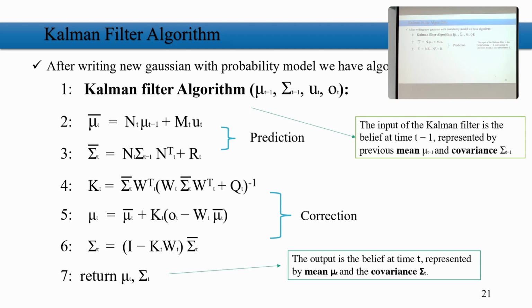This is my whole environment. And what can I do? I can say where the robot is. What's my initial belief? I'm believing the robot is here. I'm drawing a small one here.